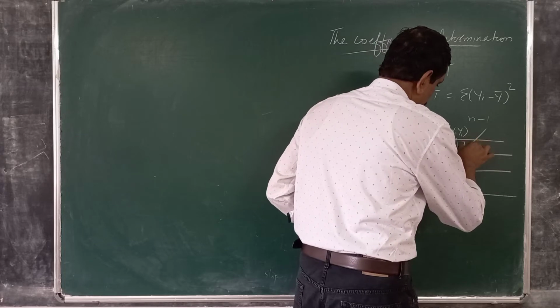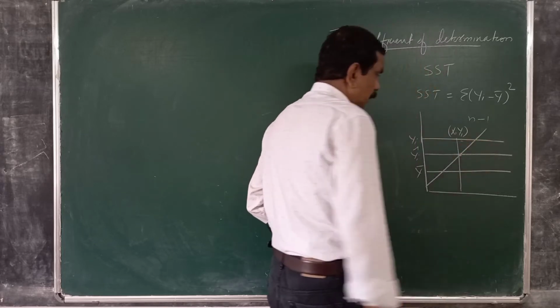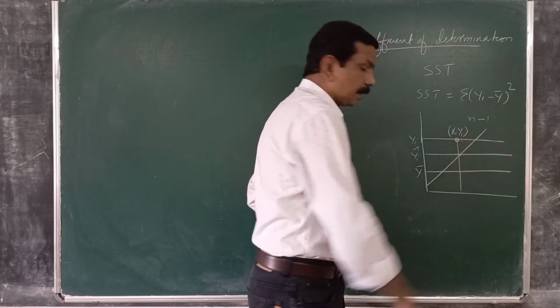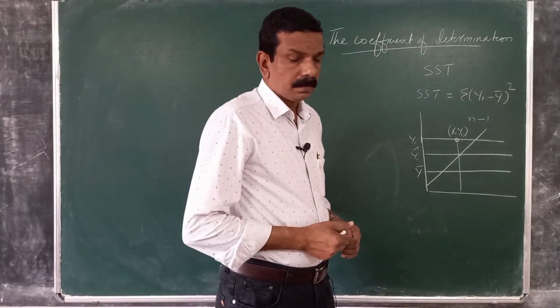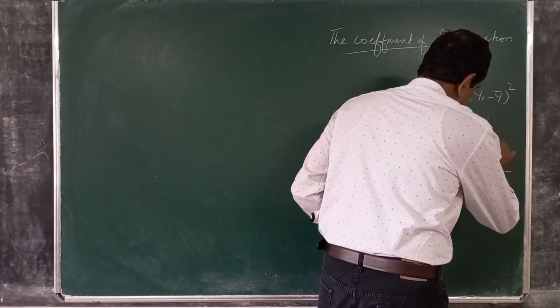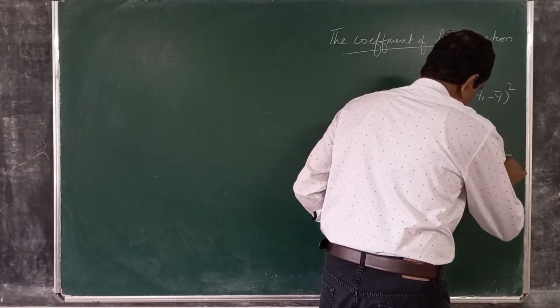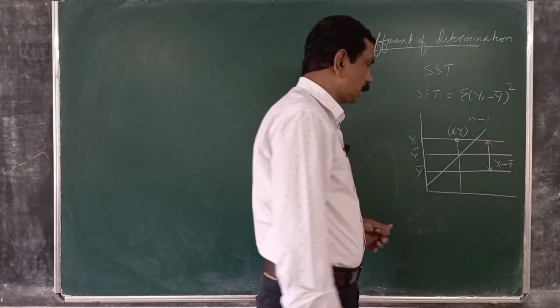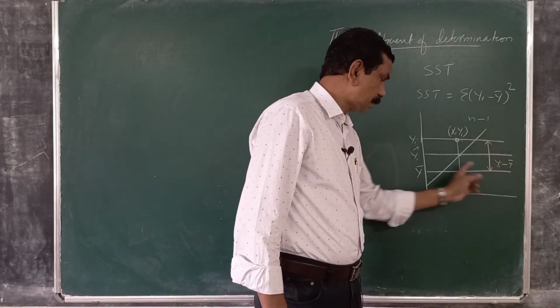Now the total variation is given by this distance, yi minus y bar.